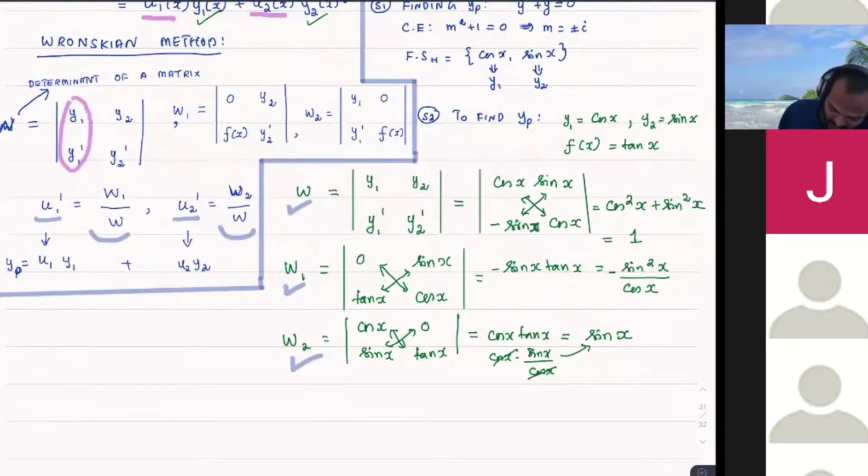So now you're able to figure out this and this. The good news is, in our case, the W is 1 in both cases, so it does not matter. The reason I chose cosine x as y1 and sine x as y2 is that if I choose the other way, this is going to be a negative 1, which I don't want.